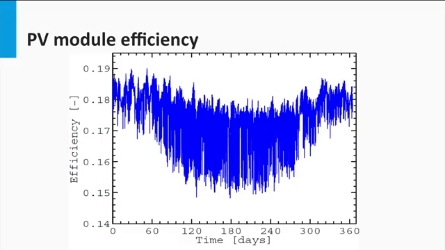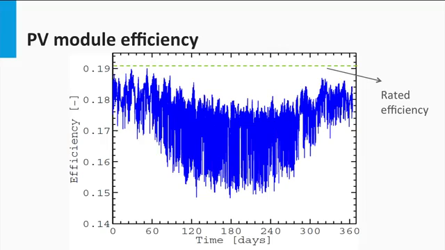In this graph, you can see the efficiency of a PV module over a calendar year as modeled using actual temperature and irradiance data for the Netherlands in 2012. It can be clearly seen how the efficiency is not constant but changing with the ambient conditions over the year. To give you an idea of the deviation from the expected efficiency, the rated efficiency is shown for this model.